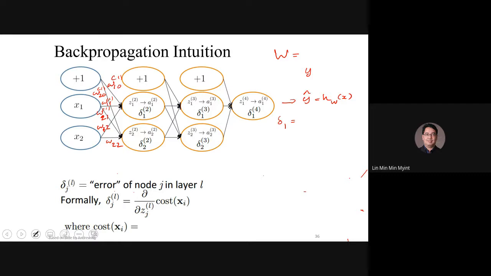This is actually the partial derivative of the error J for each layer. This means the error function, or cost function.